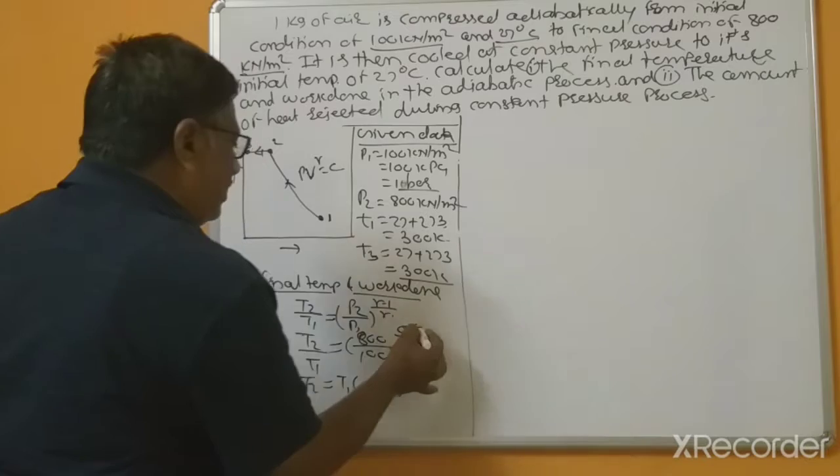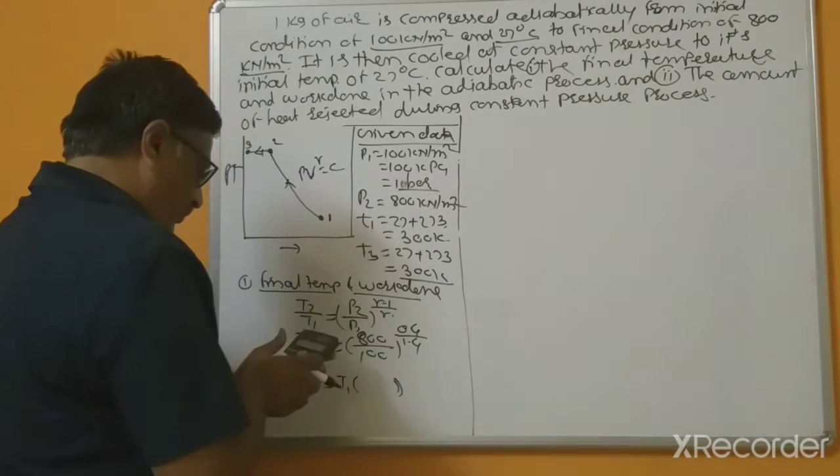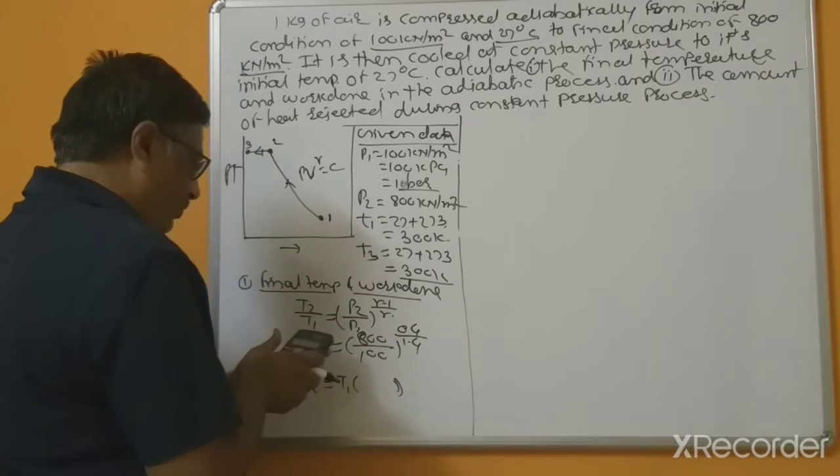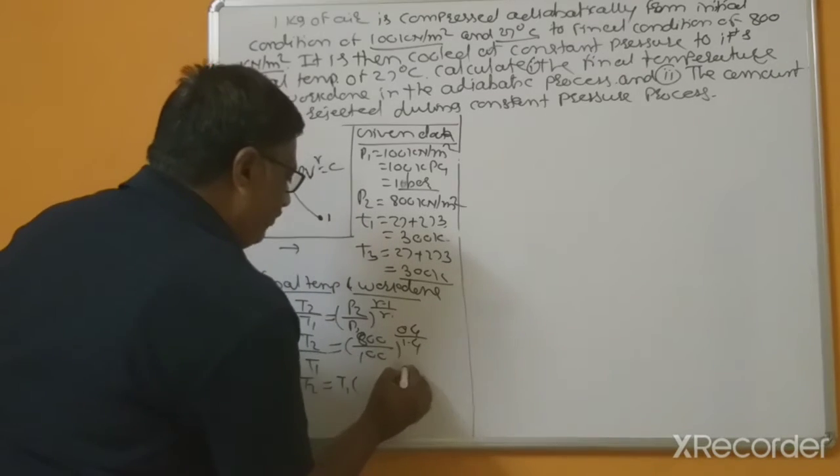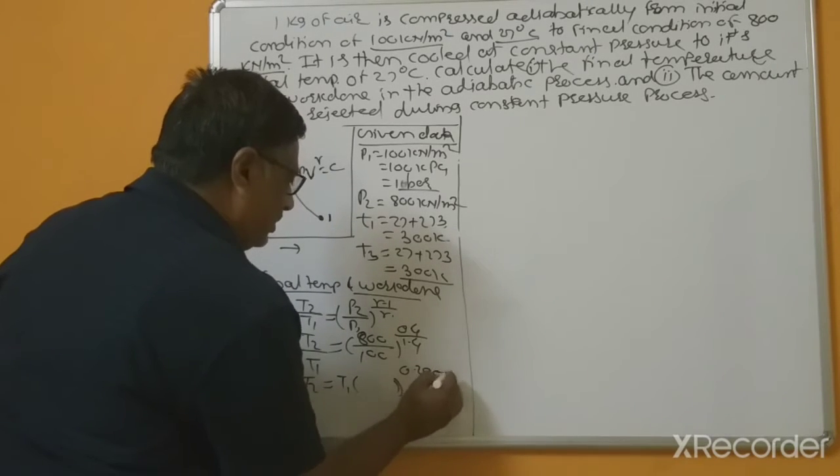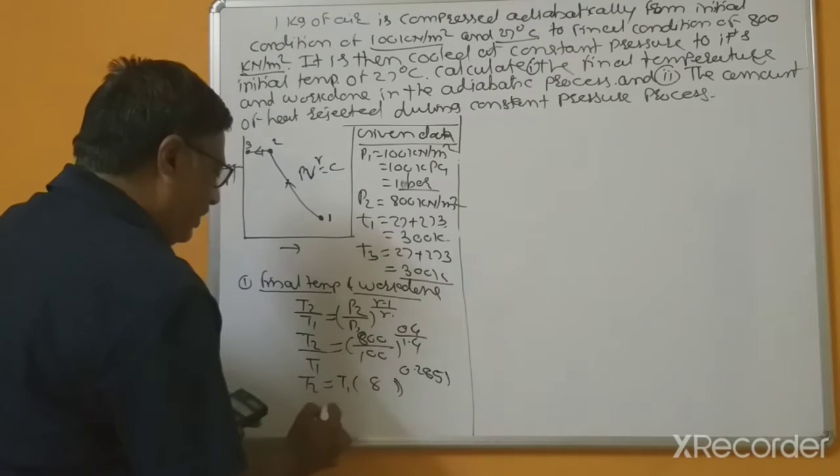First I will calculate this ratio. 0.4 divided by 1.4 is 0.2857, and this is 8.